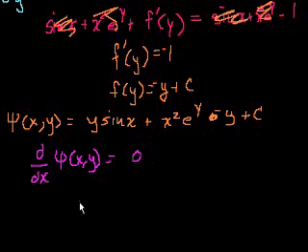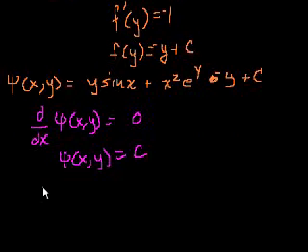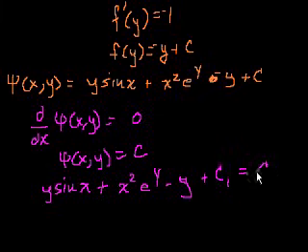Or if you were to integrate both sides, you would get that xi of x, y is equal to c is a solution of that differential equation. So we could say y sine of x plus x squared e to the y minus y, plus this c, you call that c1, is equal to c2. Well, you can subtract the c's from both sides and just be left with the c at the end.